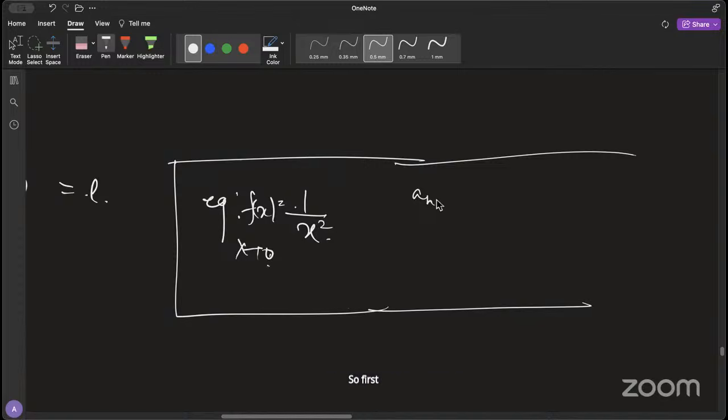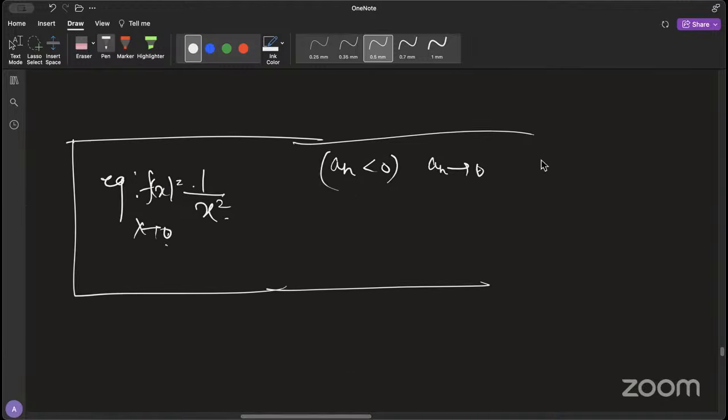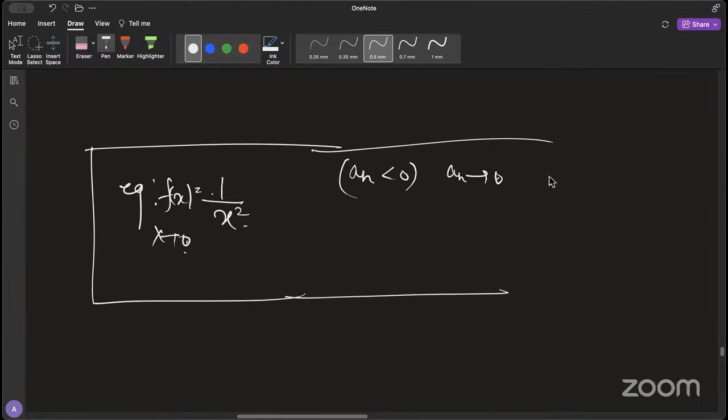So first I'll find the left-hand limit. What's my left-hand limit? I have to take a_n less than 0 and a_n tending to 0, right?